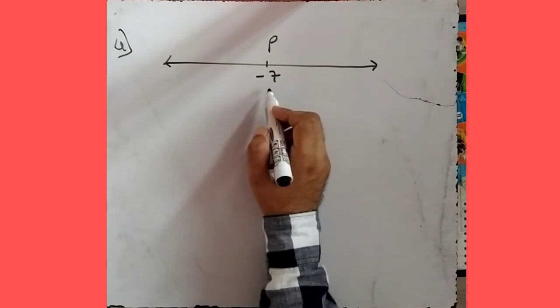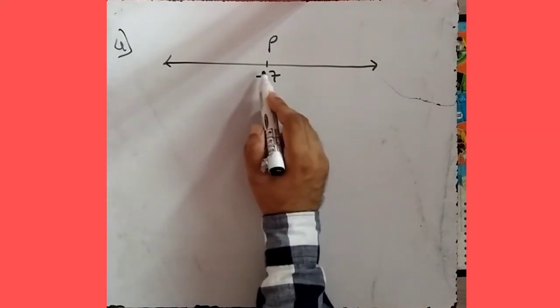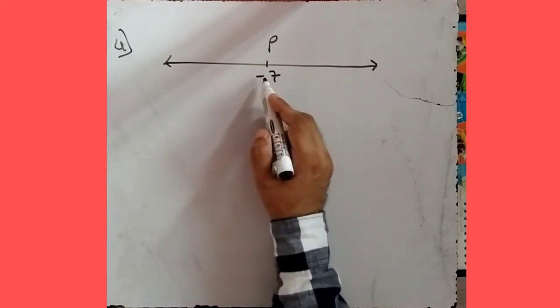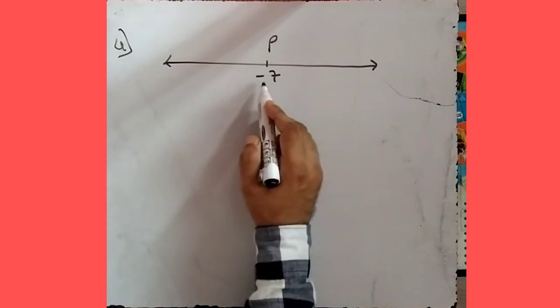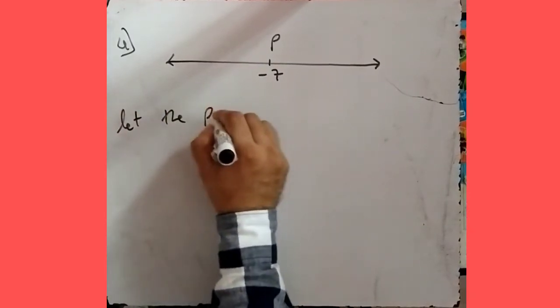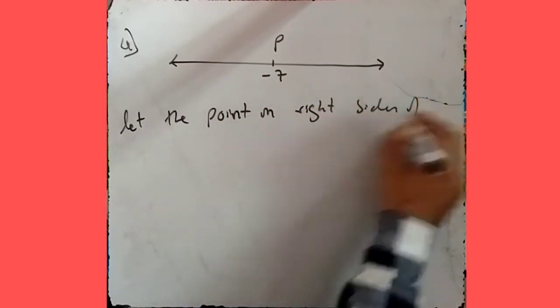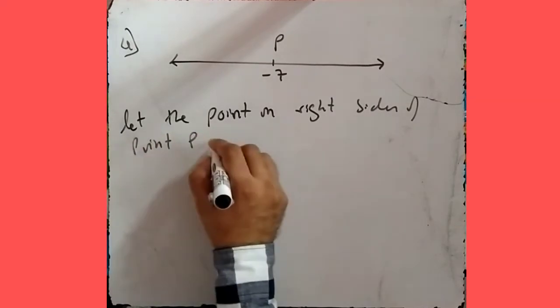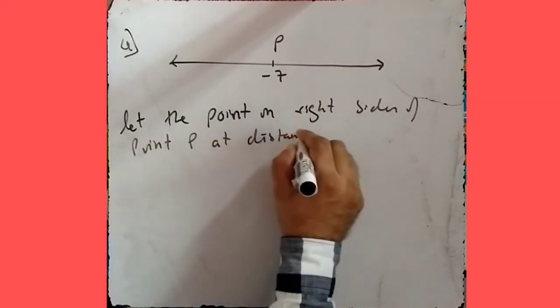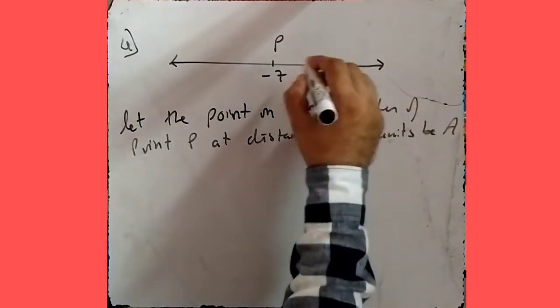And we are supposed to find out the coordinates of the two points which are at a distance of 8 units from P. Let the point on right side of point P at distance of 8 units be A.